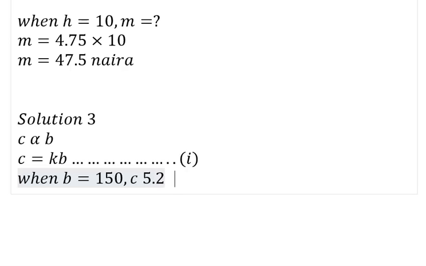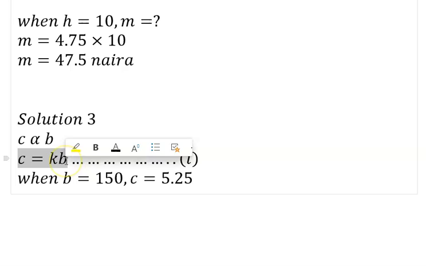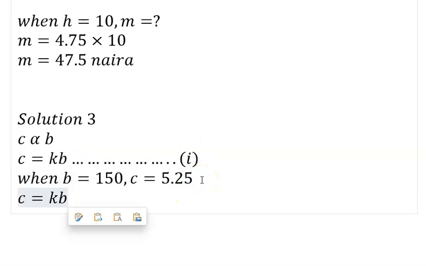Awesome. So with this, you can use this to get our K. So C is 5.25, B is what? 150.